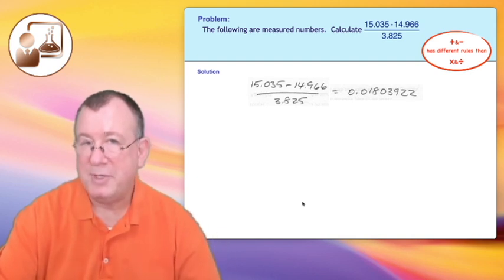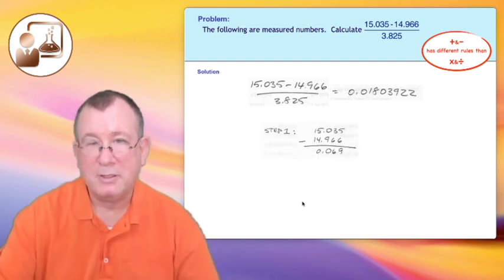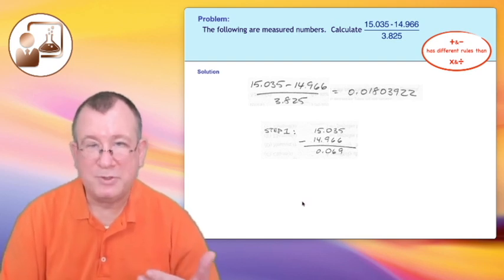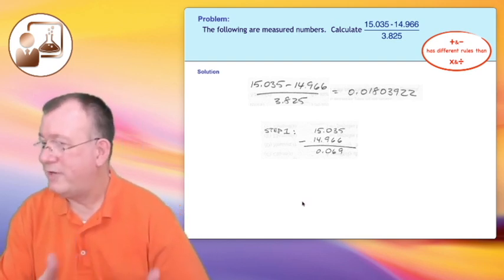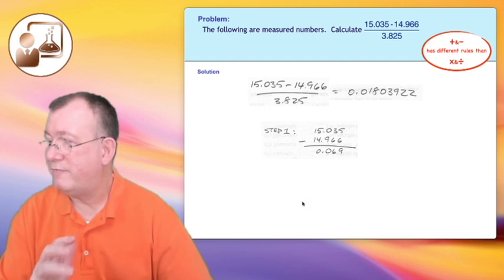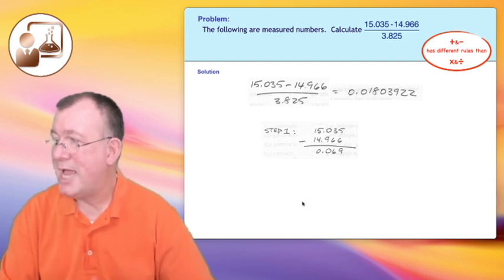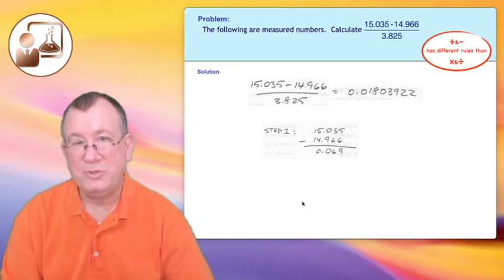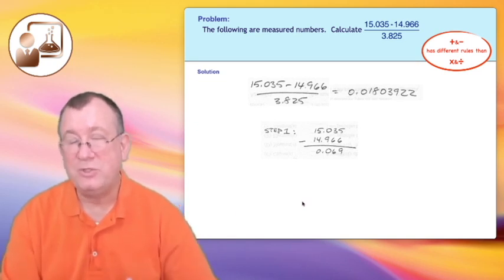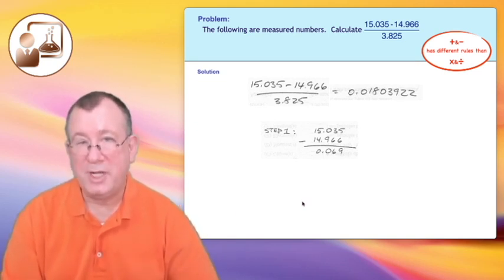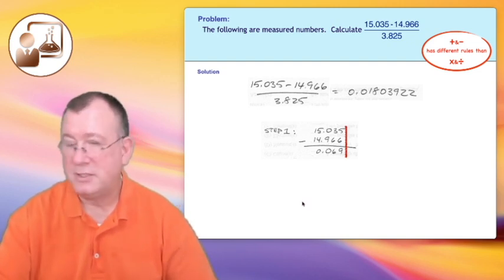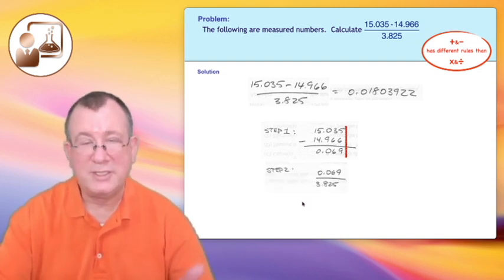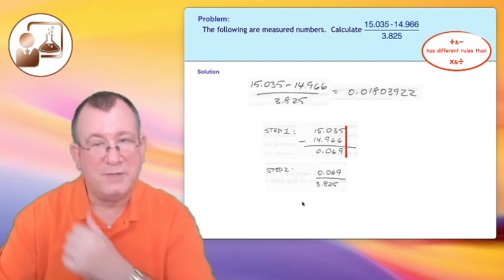So if I want to crunch this, I should pay attention to how many sig figs are in that top piece. If I subtract 14.966 from 15.035, I end up with 0.069. See how I only end up with 2 sig figs. 5 and 5 gives me 2. Addition and subtraction will surprise you. So that number is really 2 significant figs, divided by 4 significant figs.